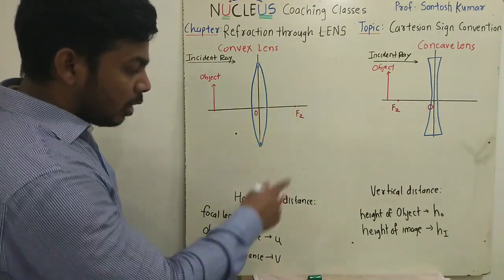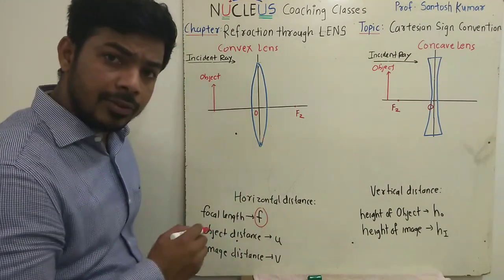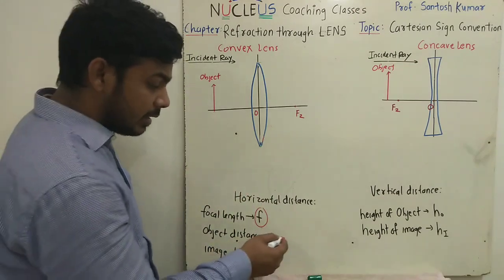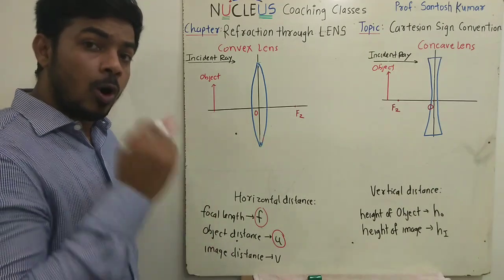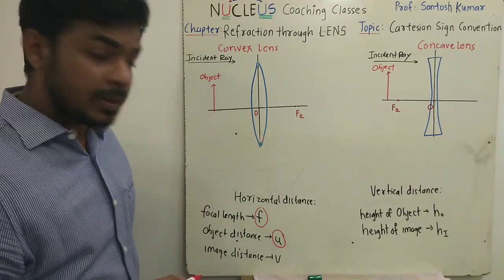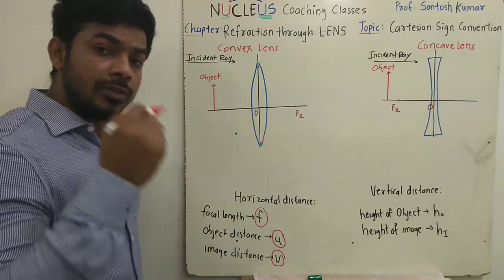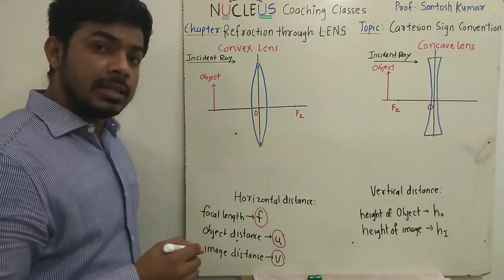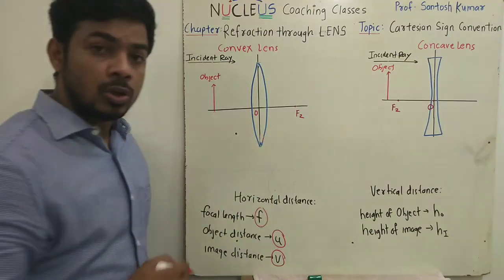If I talk about horizontal distances, it consists of a focal length f which lies along the principal axis. It consists of object distance u, which is the distance between the object and the optical center of a lens, again which lies along the principal axis, and image distance v, which is the distance of image from the optical center, again which lies along the principal axis. So these are the three horizontal distances.